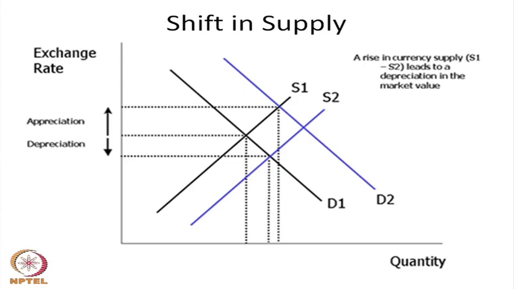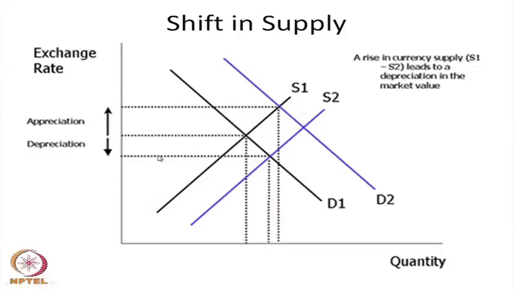However, if supply and demand both increase, we have a new equilibrium point. It may appreciate or depreciate depending upon the level of demand and the level of supply. If demand is greater, the domestic value of currency may depreciate at the new equilibrium. If supply is greater than demand, the domestic value of currency appreciates.